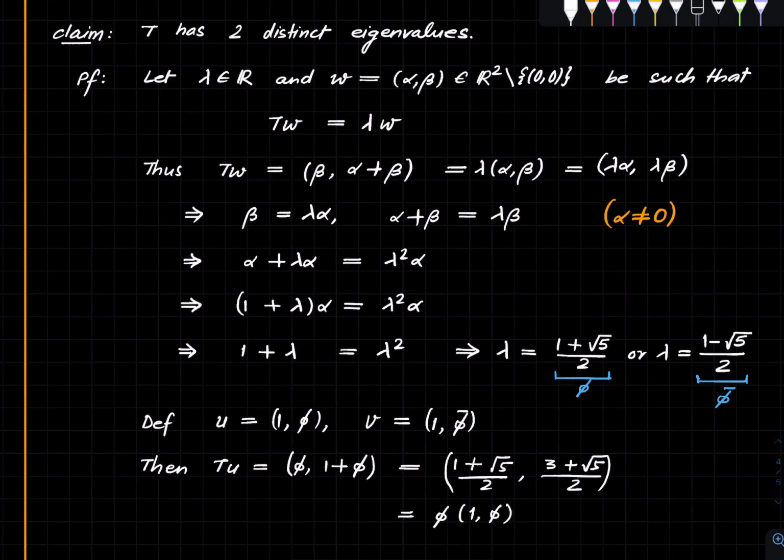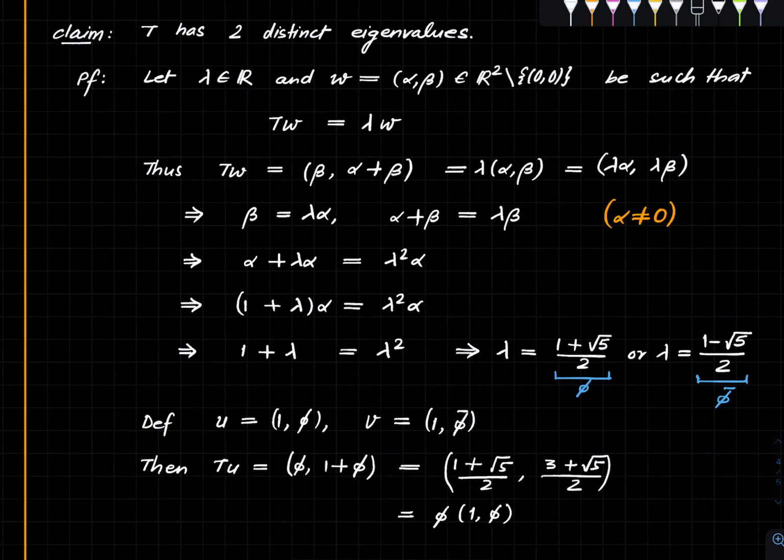But is that true? I think it is. Because what is phi square? Is this equal to phi square? So let's compute phi square. Phi square is (1 plus 5 plus 2 root 5) by 4, which is indeed 3 plus root 5 by 2, so that's fine.